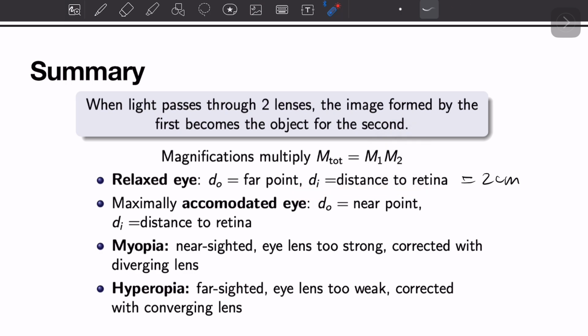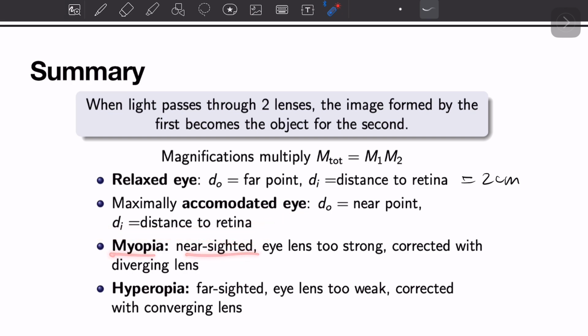And then when your eye is as accommodated as possible, meaning your muscles are as engaged as possible, we're looking at the near point, and typically for a human with perfect vision, this is 25 centimeters, and then the image distance, again, to your retina is 2 centimeters.